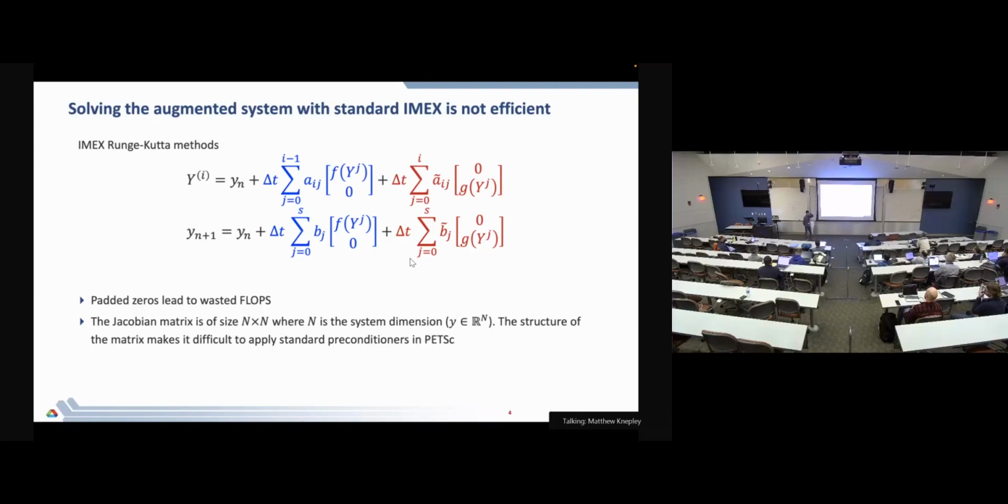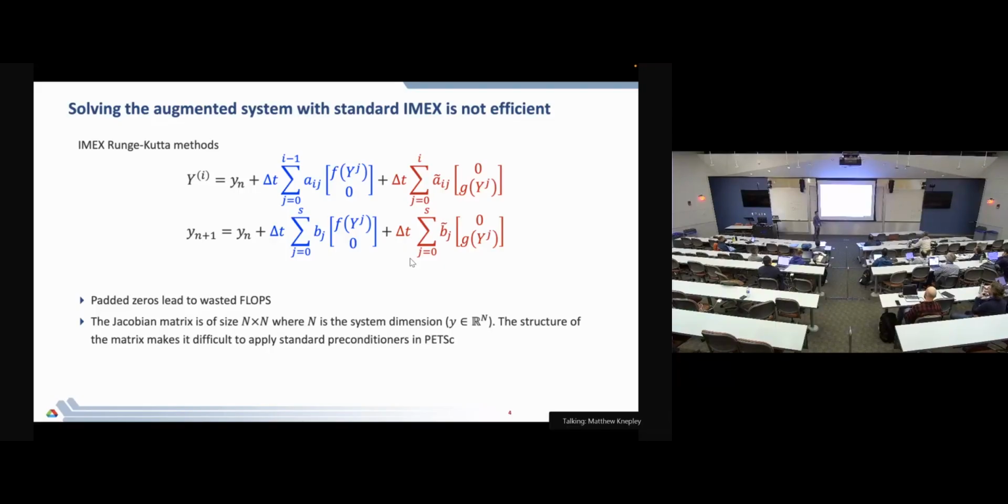However, there are some issues with this trick. First of all, these padded zeros lead to wasted flops. Imagine if you pad a lot of zeros, you're actually wasting a lot of flops in the calculation. The other problem is that to solve this system, you still need to provide the full Jacobian, for the entire system.